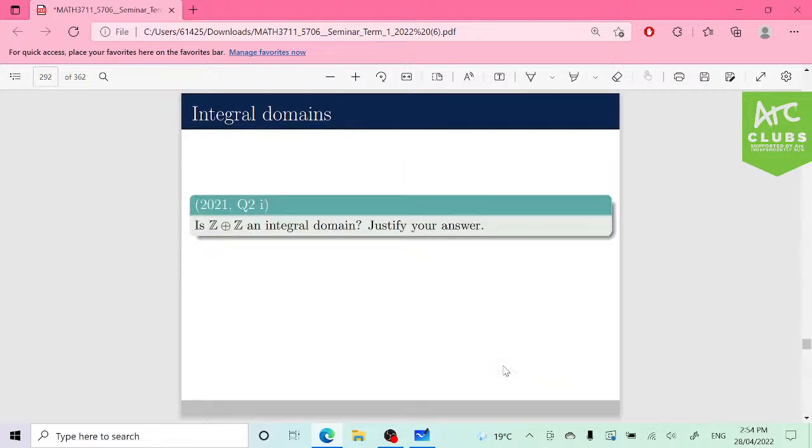Okay, so let's have a look at an example. I'll probably just do it here, just because it's not that much writing. So is the direct sum of Z and Z an integral domain? And the answer is no. The reason for this is because we can take an element that's not 0, like (0, 1). And if we take the product of this with (1, 0), we get (1 times 0, 0 times 1), and this is precisely going to be the 0 element.